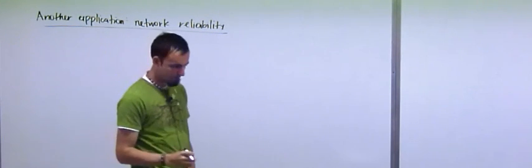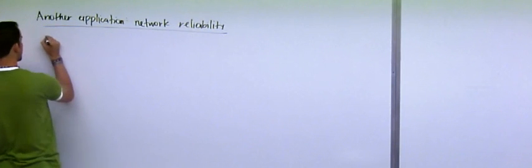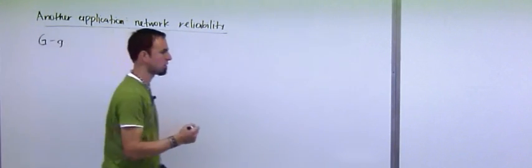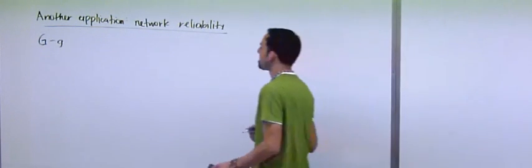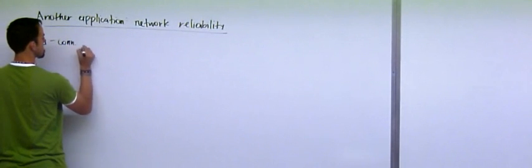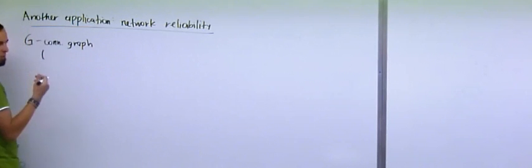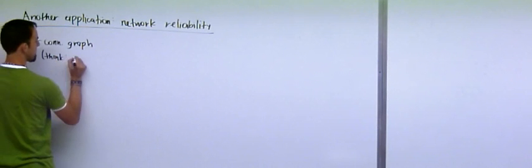The idea is this. Imagine that you have some graph, and let's say that it's connected. You should be thinking of this as some kind of network, your favorite kind of network.